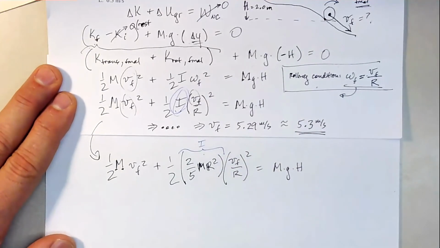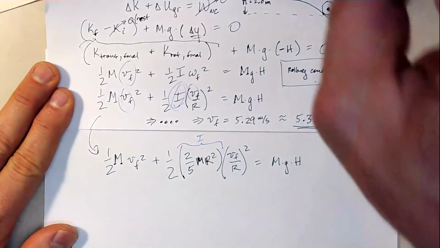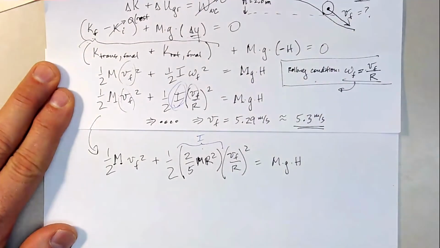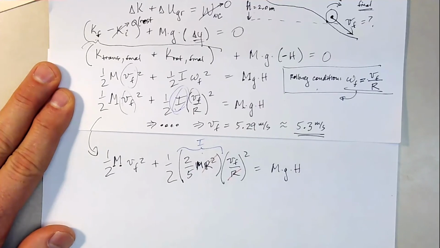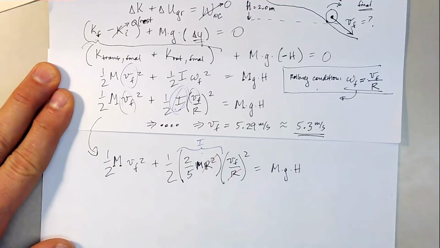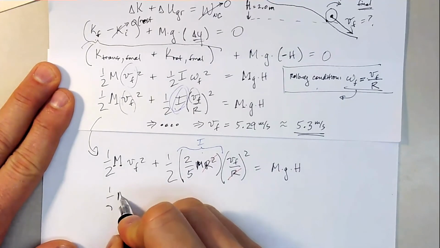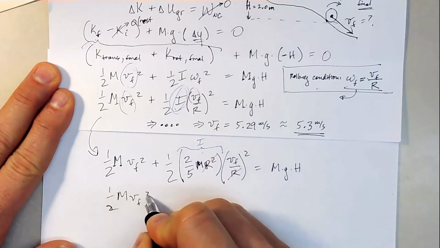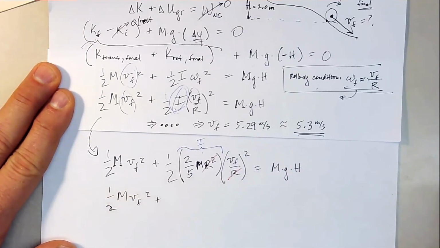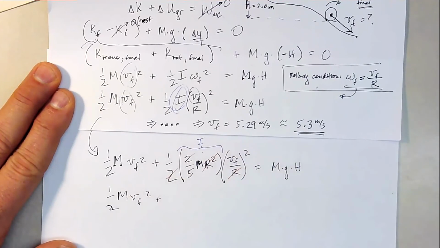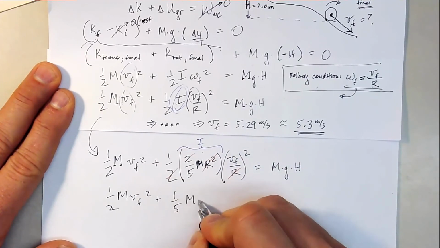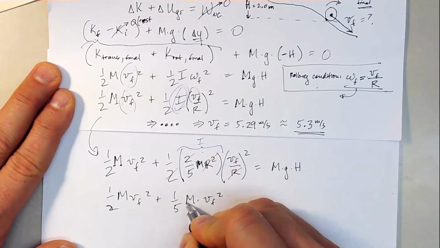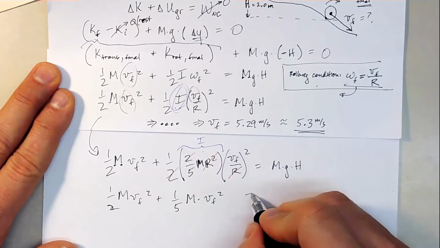Now, first, we can cancel out this r squared with that r squared. Rewriting the next line. This, by the way, this 2 here also will cancel coincidentally, which is nice. It becomes 1/5 m v final squared. So remember, we still have that squared there.